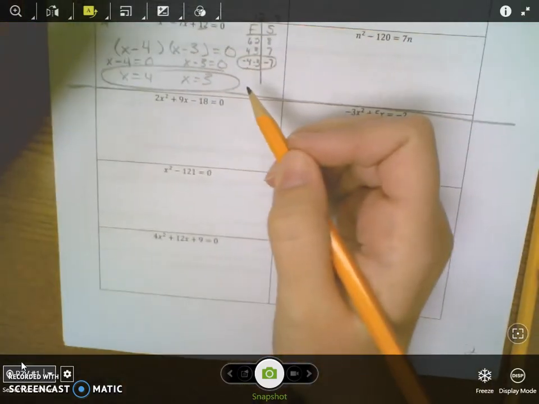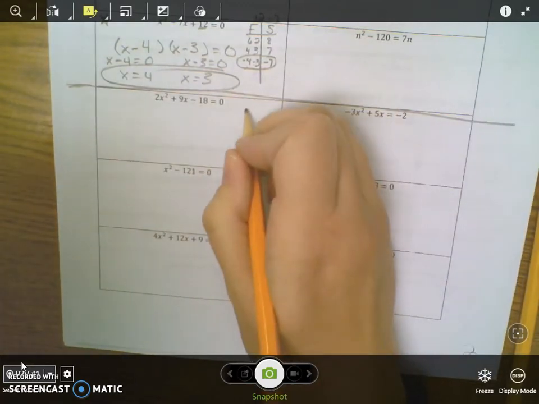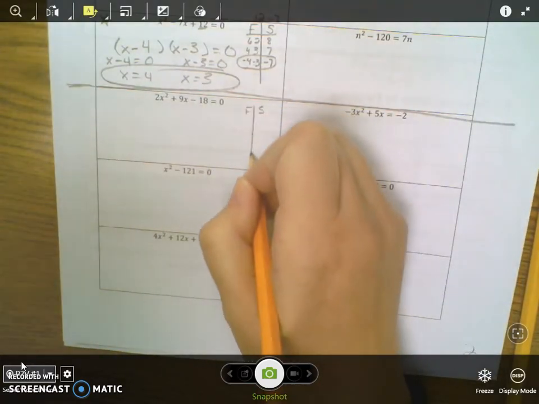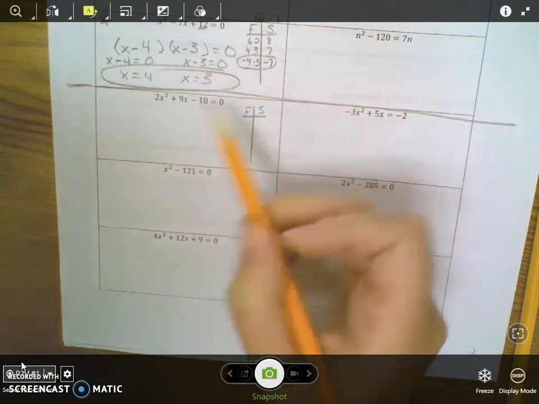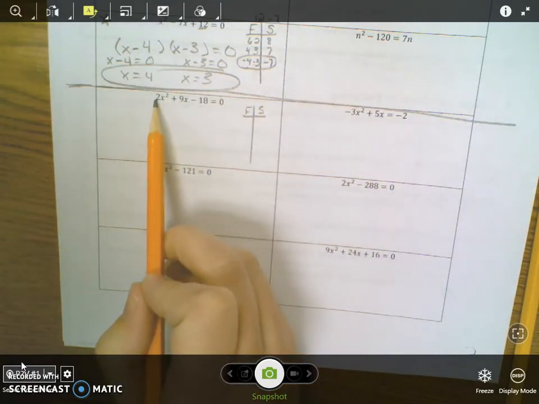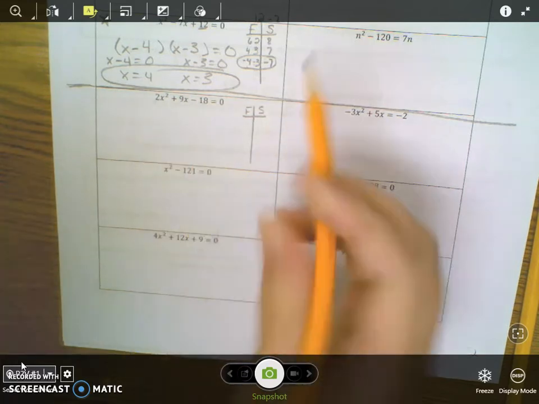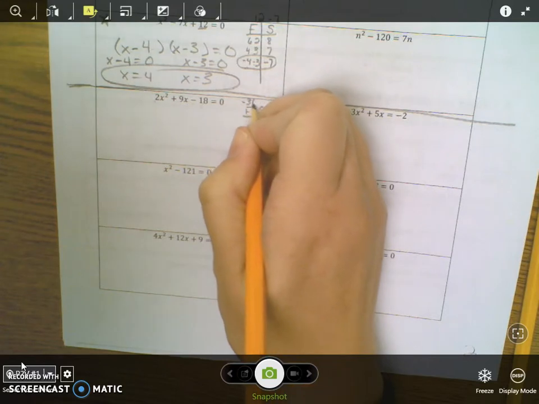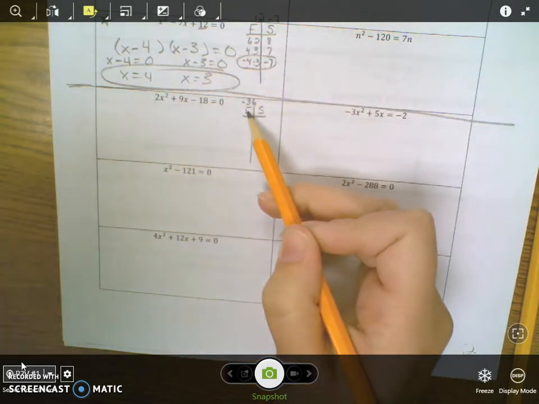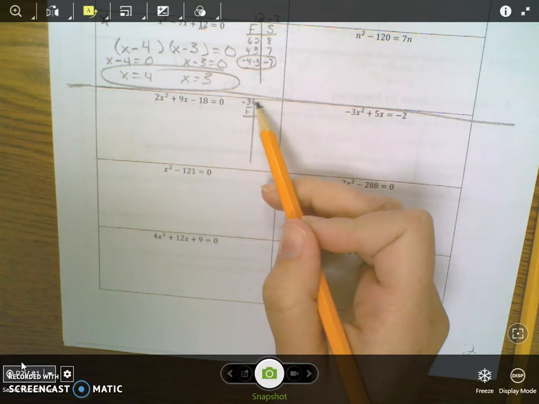So you might not remember, but how we do that is we're still going to do a factor sums table. But for our factor, we're looking for our coefficient, our A number times our C number. So we do 2 times -18, and we get -36. So that means we're looking for factors that multiply up to get -36.